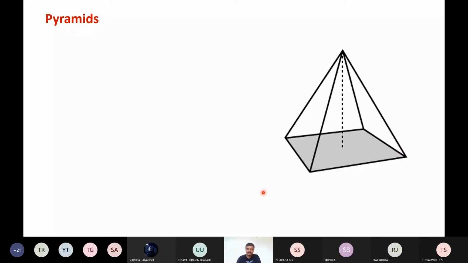So in today's class, we restrict our discussion only to pyramids. Before that, we should know how we are going to describe a pyramid. So what do we call this pyramid? Whether it is square pyramid, rectangle pyramid, pentagon, hexagon pyramid, which one?